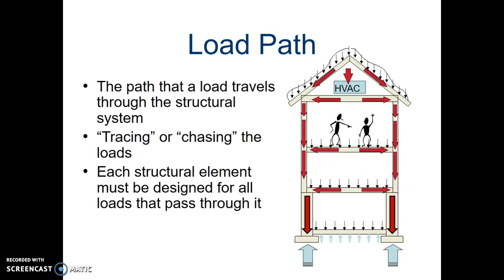Now, load path. This illustration really depicts how loads travel through a building structure. All loads are traced to the foundation, so everything is always trying to go down to the foundation, so it's going out and down. The path that a load travels through the structural system, they call that tracing or chasing the loads, and each structural element has to be designed for all the loads that pass through it.